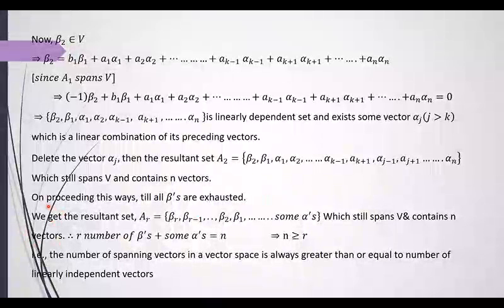By proceeding this way until all betas are exhausted, the resultant set will be Ar equals beta r, up to beta 2, beta 1.